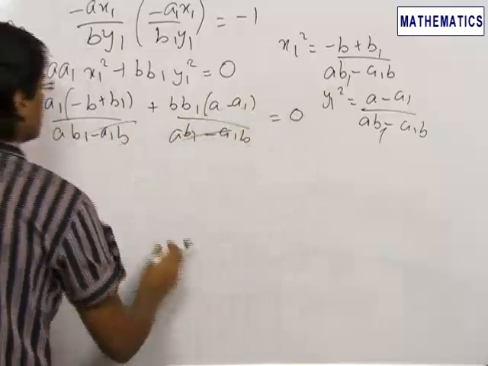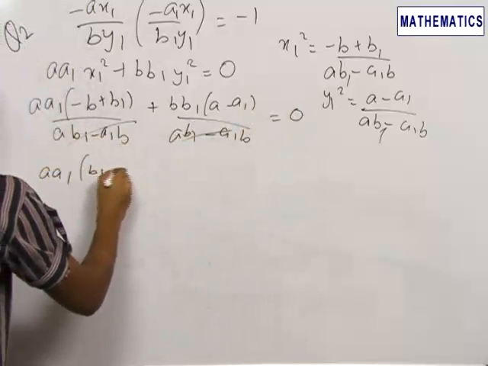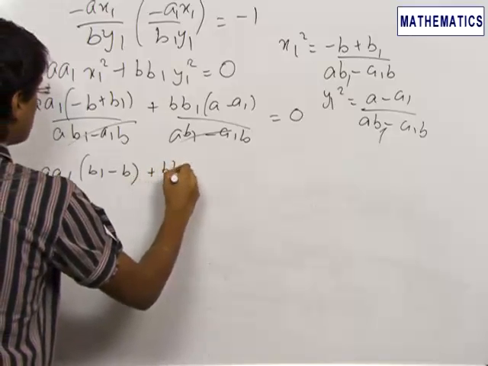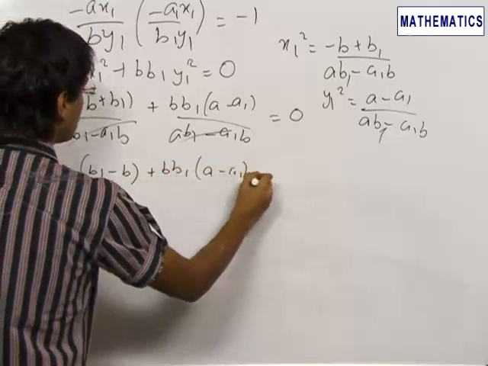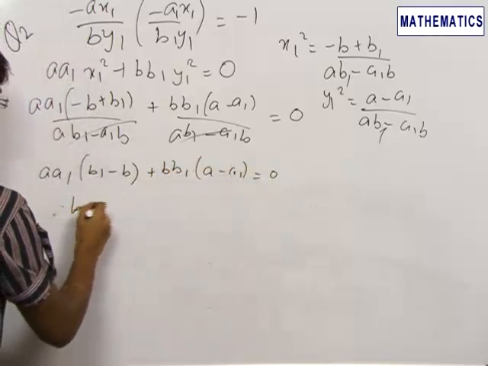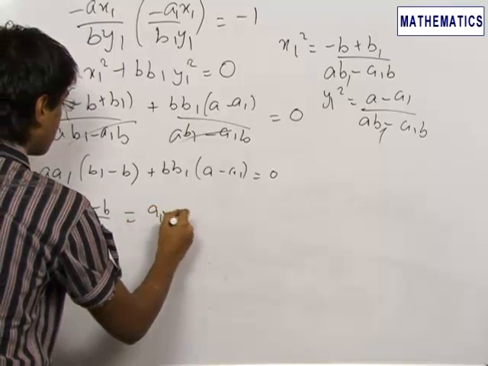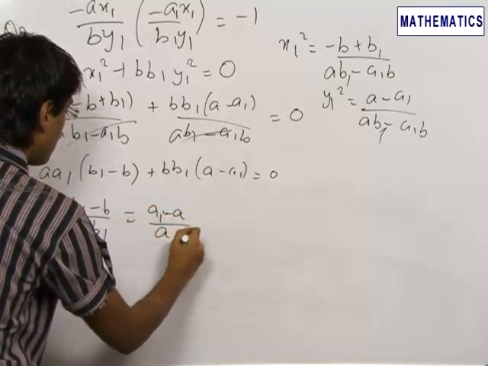This factor gets cancelled and we get a1 into b1 minus b plus b1 upon a minus a1 is equal to 0, or b1 minus b upon b1 is equal to a1 minus a upon a1.